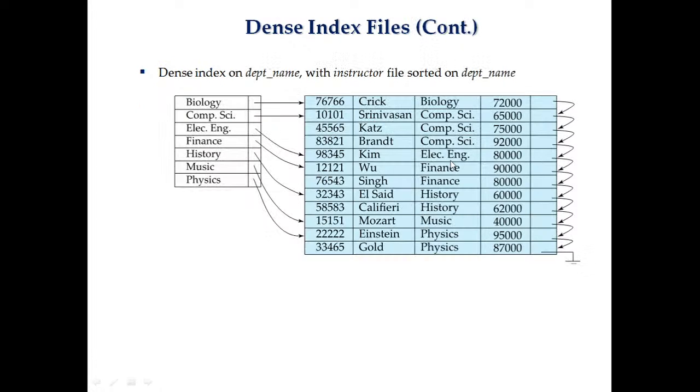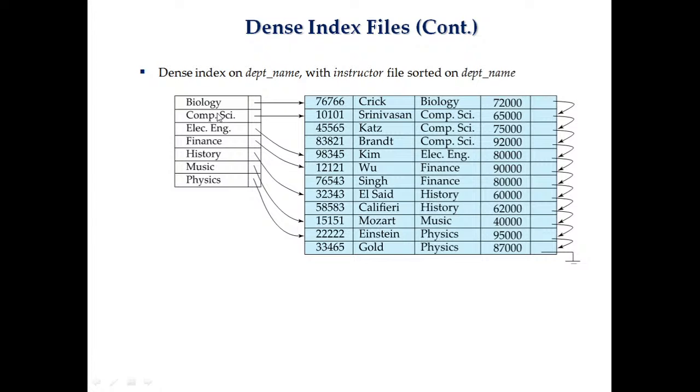Here a dense index file, that is an ordered index, is created depending on the department name. Some departments are connected. For example, biology has only a single row, which is not a problem.